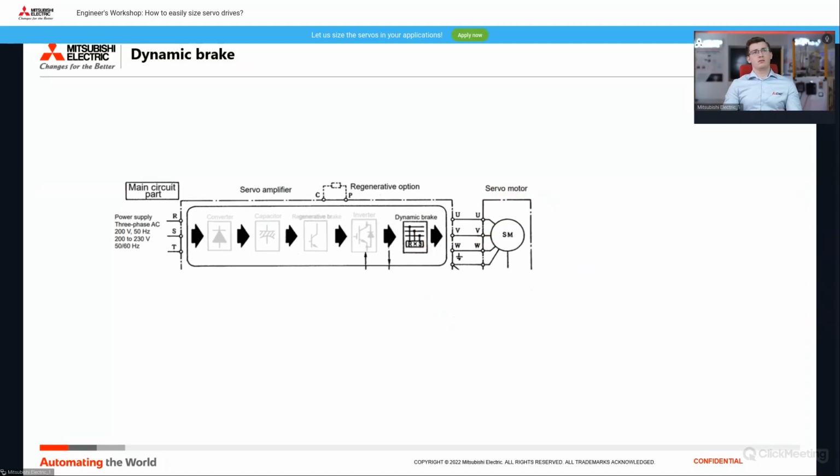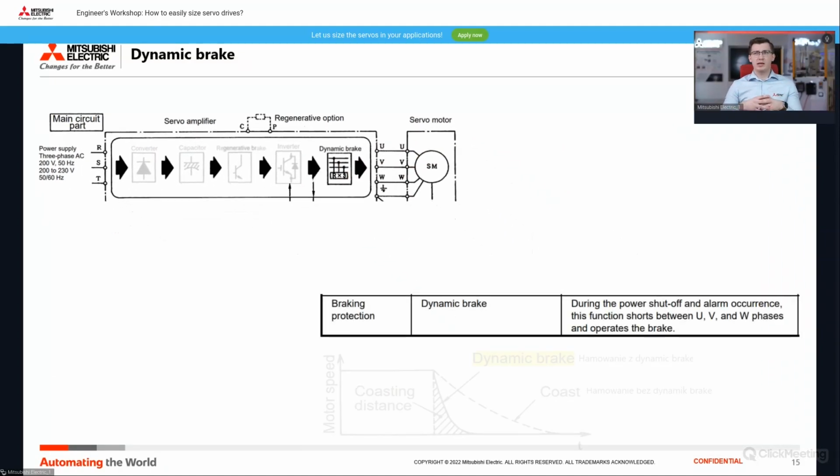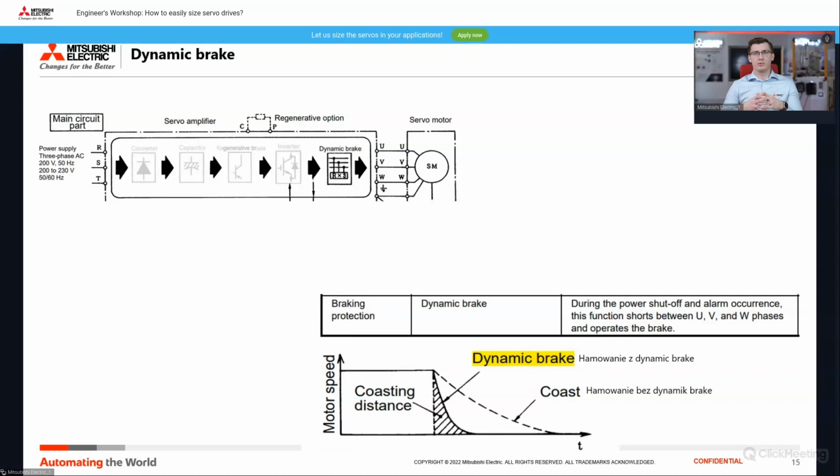Let's say the dynamic brake is, in basic, very simple. How does that work? When you have the UVW phases of the motor, as I showed before, and you connect them, then something will happen. I told you before that when the motor is rotating and decelerating, the load will want to push it, and because of that, the motor will rotate and rotate.